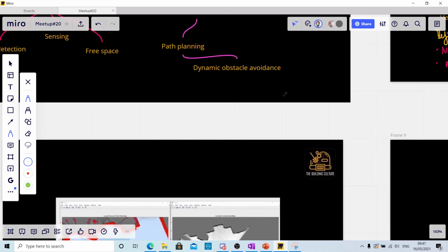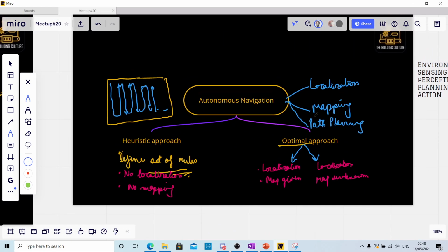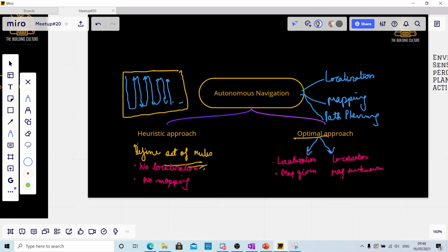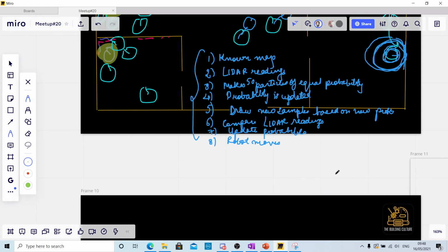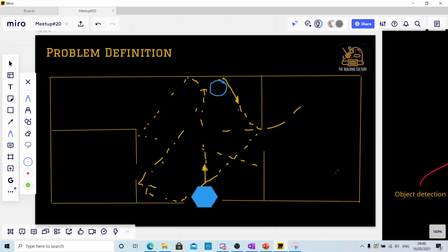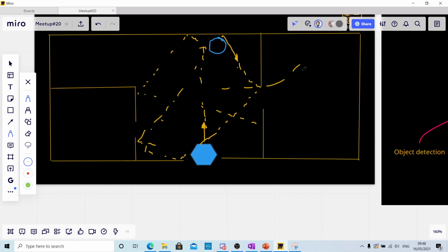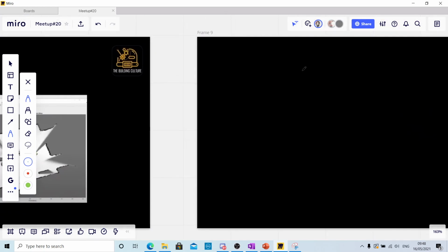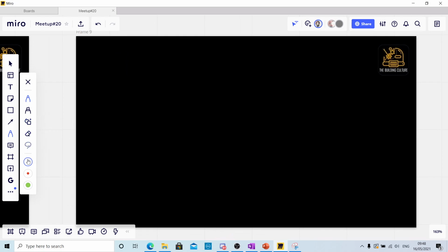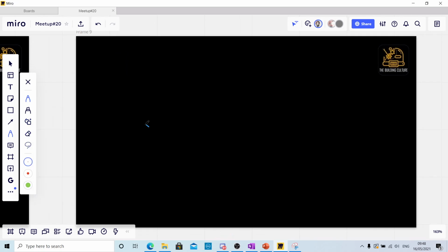And now the other case, where the map is also unknown. So in this particular case, in the particle filter approach, let me draw it on a new slide. This is what the robot actually sees, right?